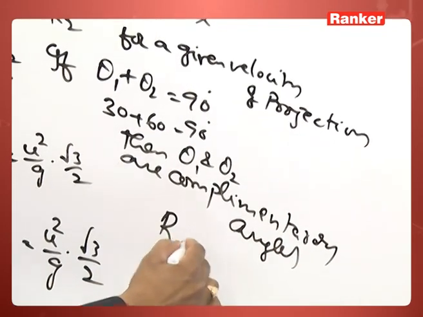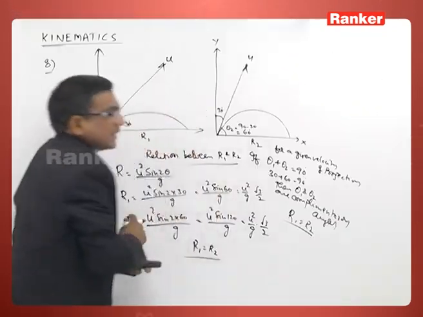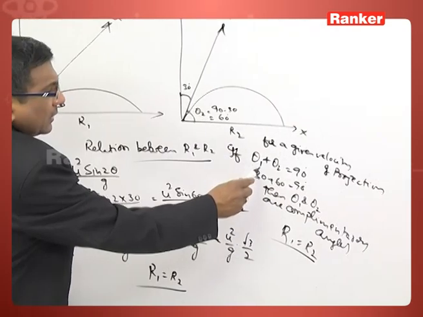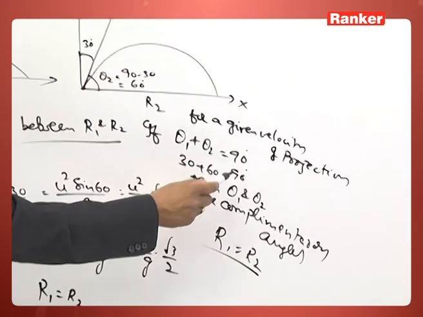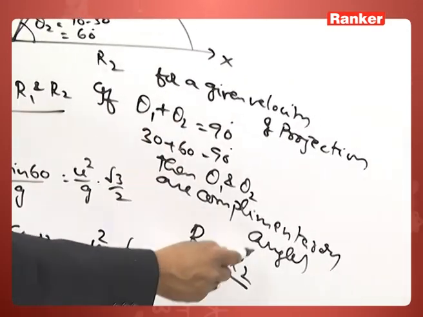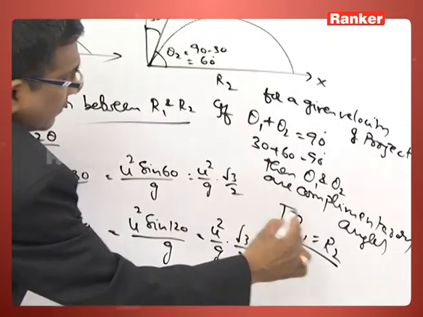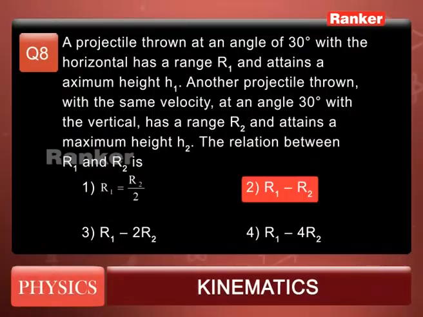In this case, remember, the ranges will be the same. This point you have to remember, this is the answer. Whenever the sum of the angles is 90 degrees, 30 plus 60 is 90, those two angles are called complementary angles. Whenever complementary angles are given, the ranges will be the same, R1 is equal to R2. Therefore, 2 is the answer.